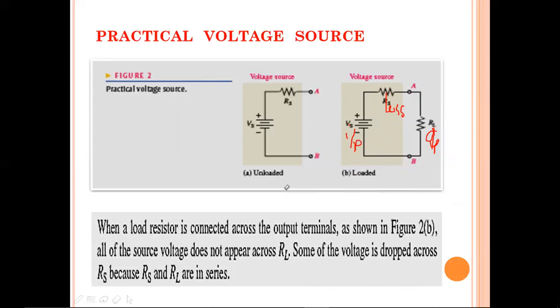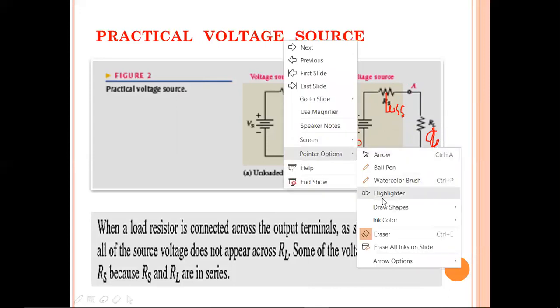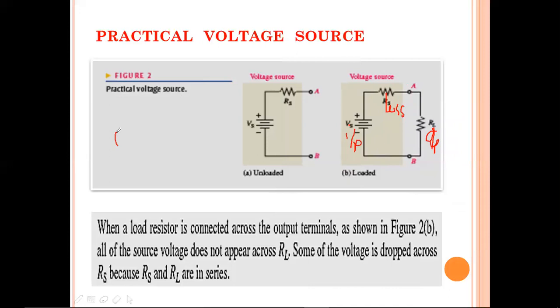The main formula is, you should remember this formula for every form of energy, either mechanical, electrical, thermal, or chemical energy. Always you should remember this formula. This formula is very important. Input is equal to output plus losses.